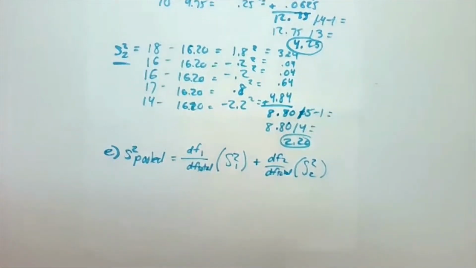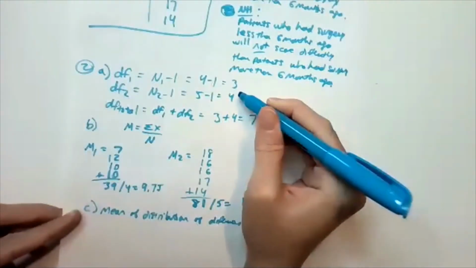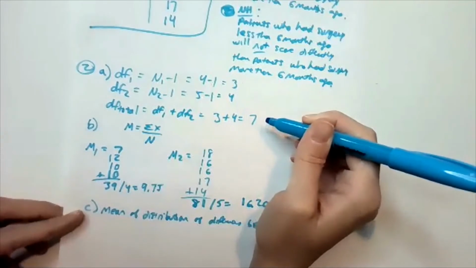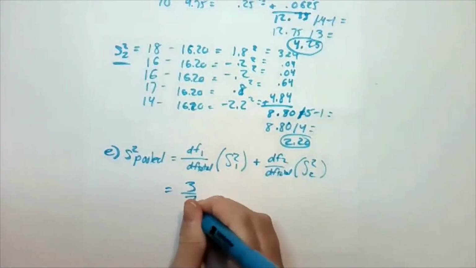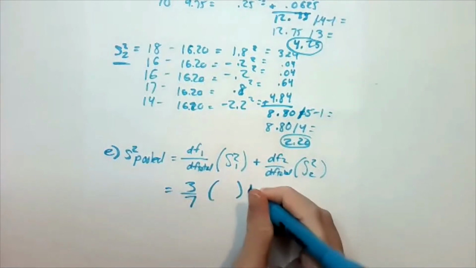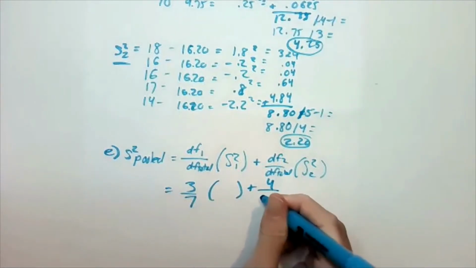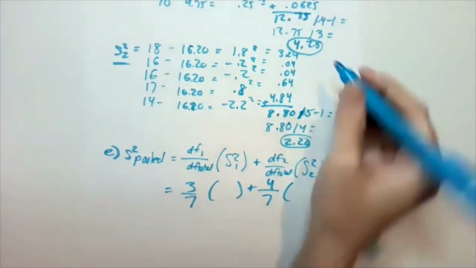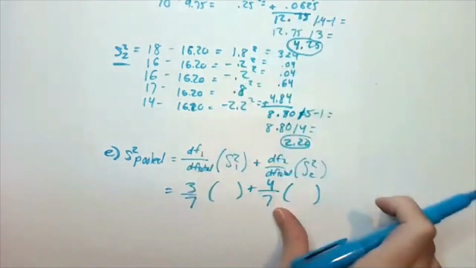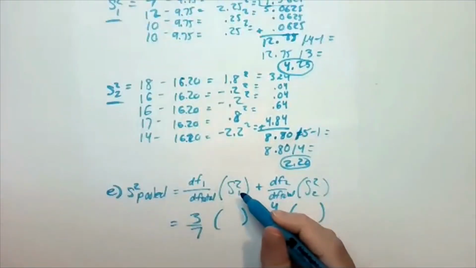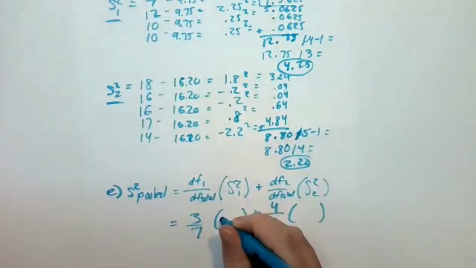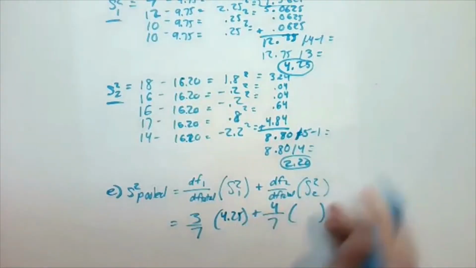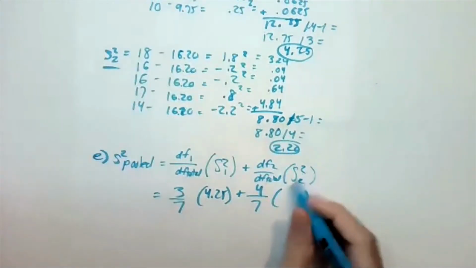So we want to go back to our DF1, DF2, and DF total. DF1 we said was 3, DF total we said was 7, and DF2 we said was 4. Then I have my estimated population variance for group 1, which I calculated up here, I said was 4.25. And for group 2, we said was 2.20.